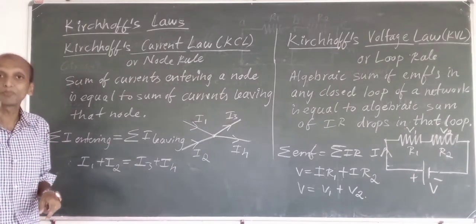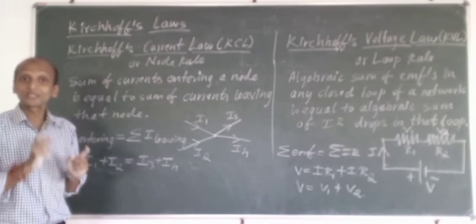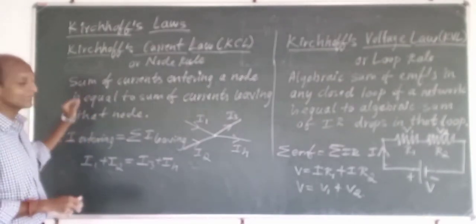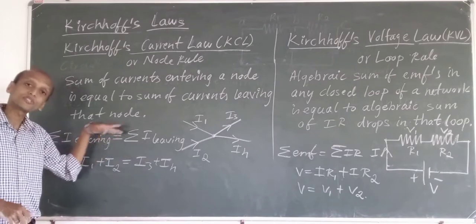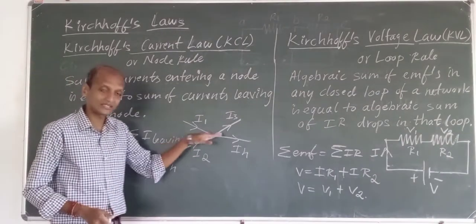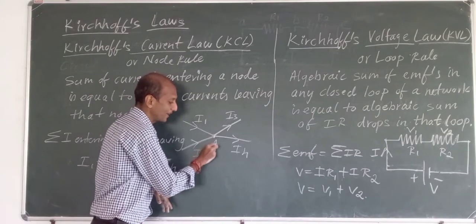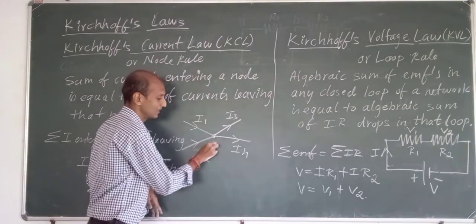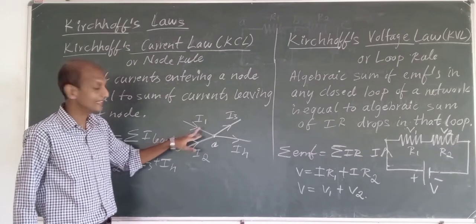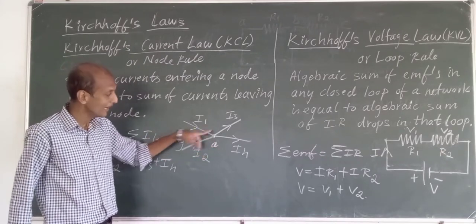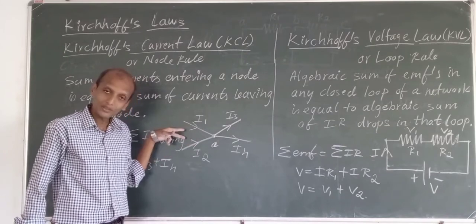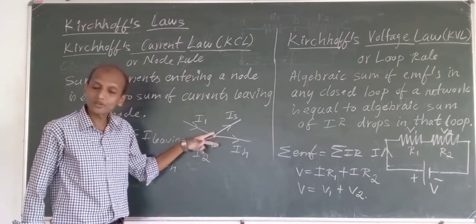If I consider some junction or node in an electrical circuit, then the sum of currents entering that node is equal to the sum of currents leaving that node. Consider an example with a node A, wherein two currents, I1 and I2, are entering the node, and I3 and I4 are leaving the node, going away from it.